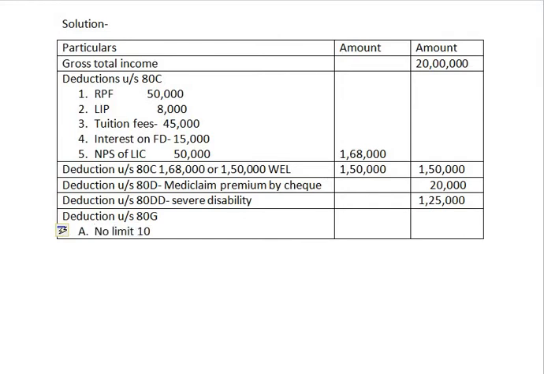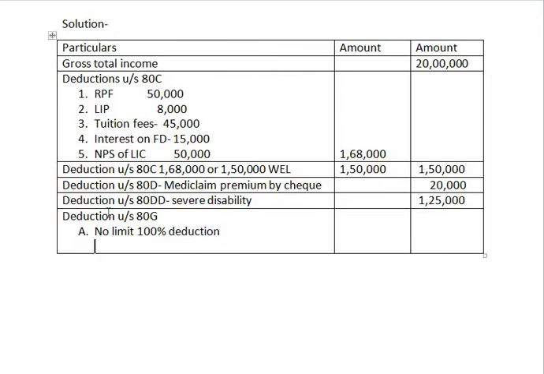No limit, 100% donations or deductions. In that, the first one is the National Relief Fund.